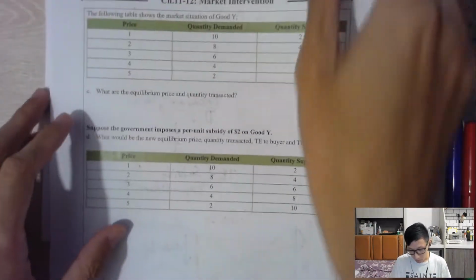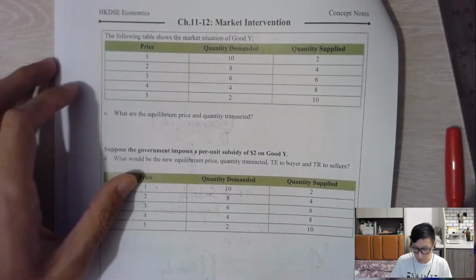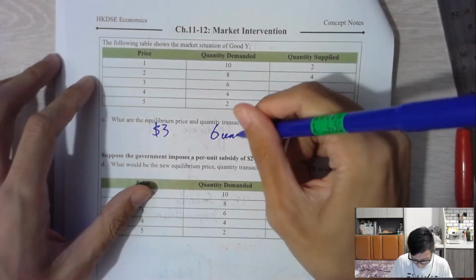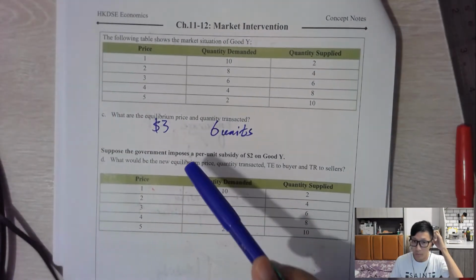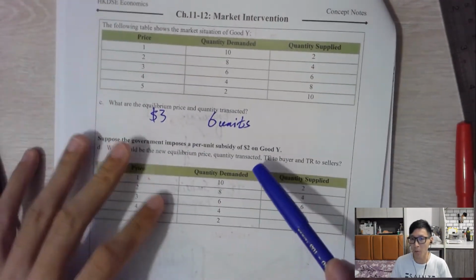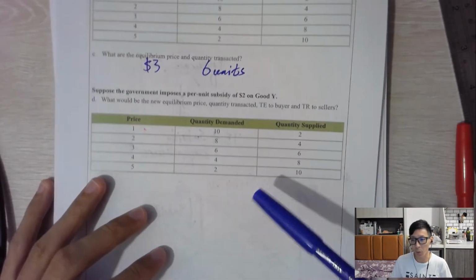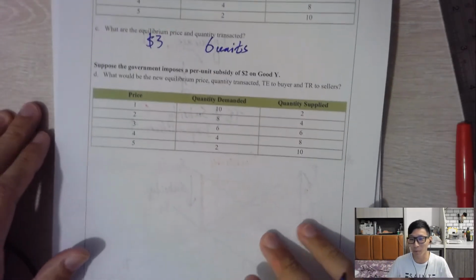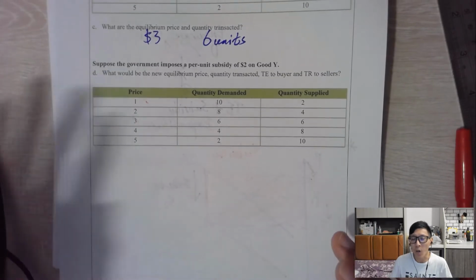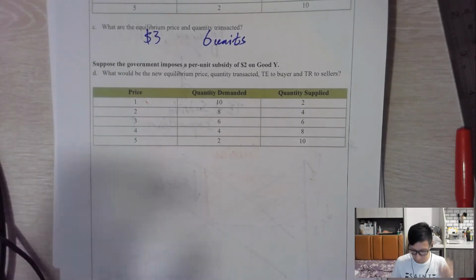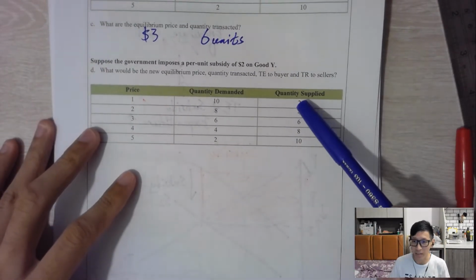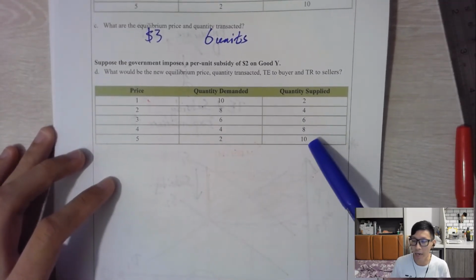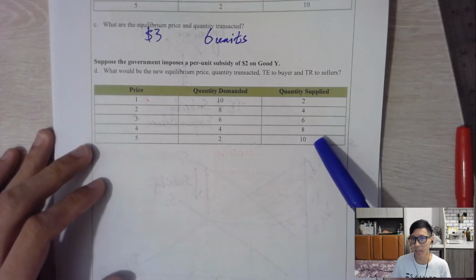Now let's look at how we do it in table form. You know the answer already, we've seen it too many times. Now suppose the government imposes a per unit subsidy of $2. Last time we spent a lot of time breaking it down into two tables; by now you should know how to deal with it. Let's look. QS originally at $5, I am willing to sell 10 units.